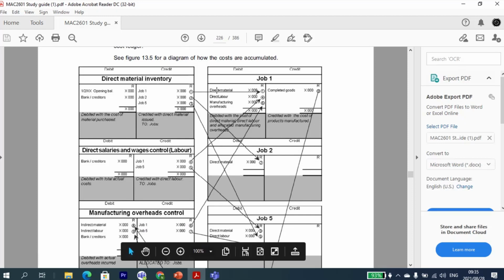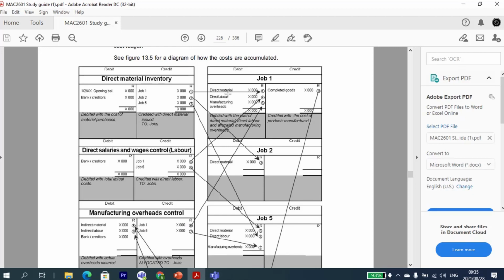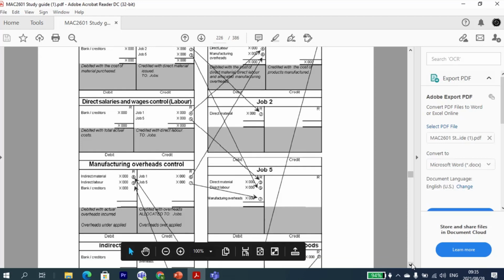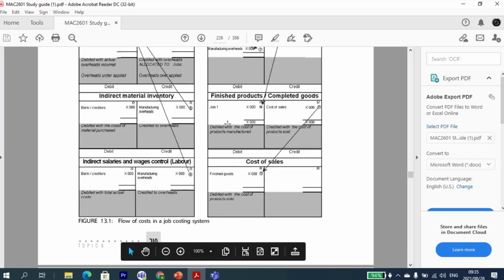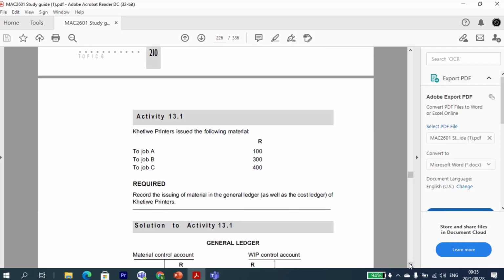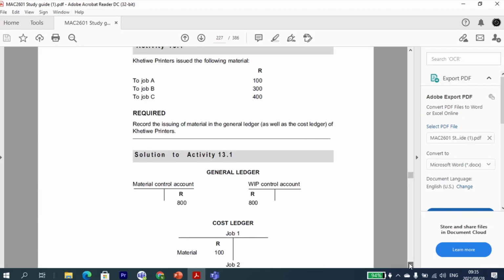Job 1 will have its specific direct material, direct labor, and manufacturing overheads, and once that is done, you will say that it's a completed good. Once it's a completed good, you transfer it to your finished product T account. Once it's reflected, you then transfer it to your cost of sales because you're saying that it is ready to be sold. So I hope that makes sense.